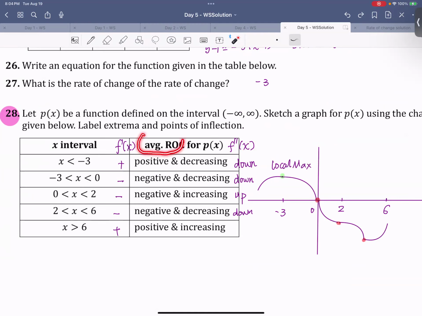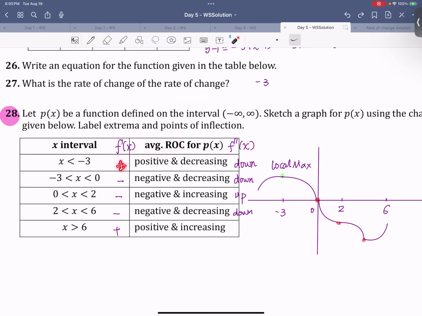Brianna, you can unmute yourself, please. Average rate of change is the slope, which I call the first derivative. This is called rate of change, which is a slope, the rise over the run, which is a first derivative.